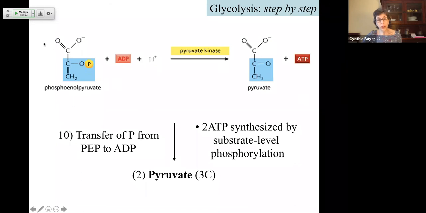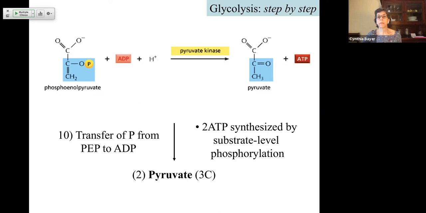Again, the change in free energy from phosphoenol pyruvate to pyruvate, the loss of that phosphate, is a greater change in free energy than the energy that's required to transfer that phosphate to ADP to synthesize ATP. So removing this phosphate is driving the addition of the phosphate to ADP, again making this energetically favorable in the forward direction.